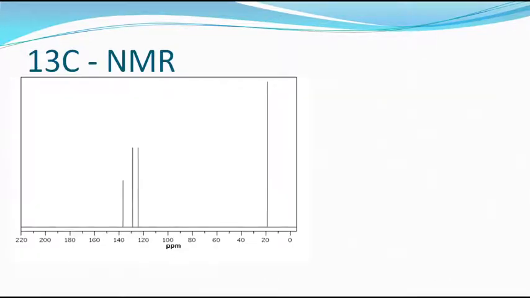Since there are only CH and CC bonds, it looks like a hydrocarbon. If you see the carbon 13 NMR, there are 4 peaks: one around 20 ppm, and another in the region of 120 to 140 ppm.